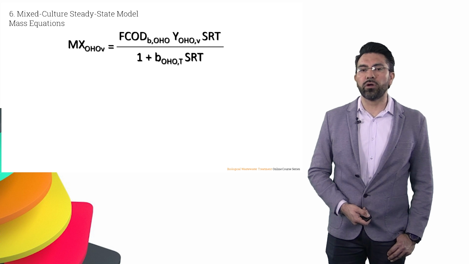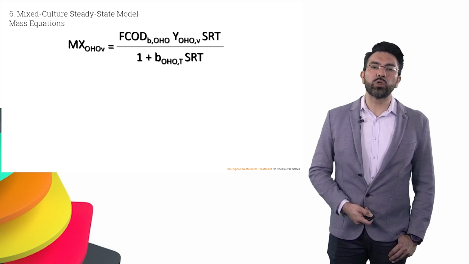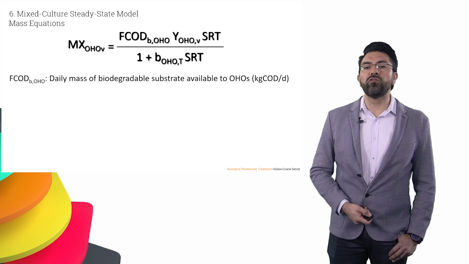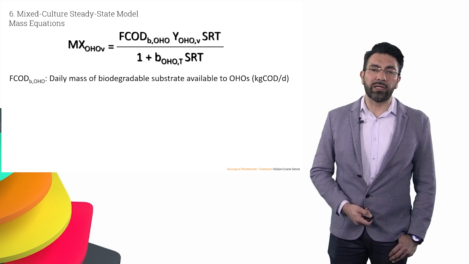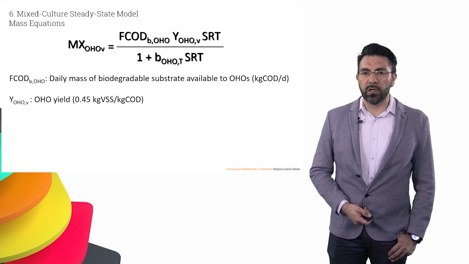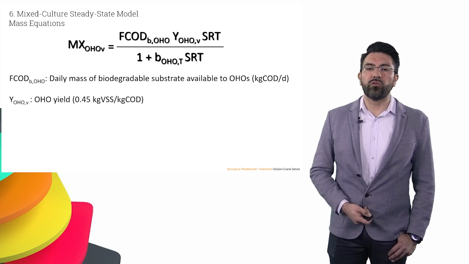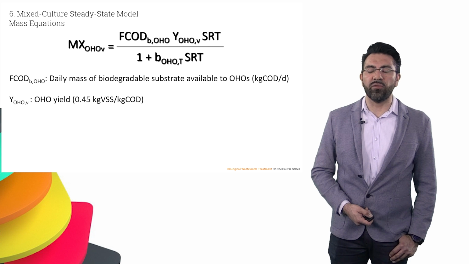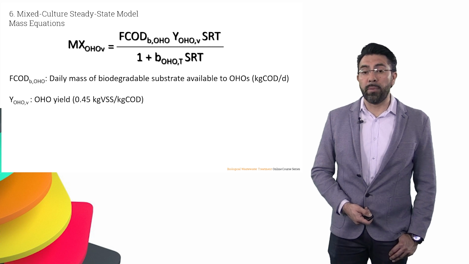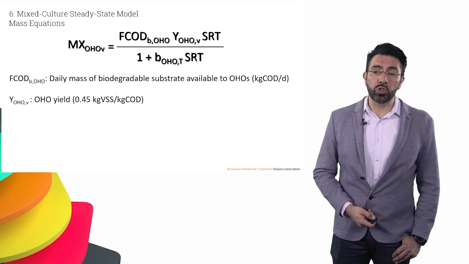First, as mentioned before, we can estimate the mass of ordinary heterotrophic organisms taking into account the flux of COD, biodegradable COD, that these organisms are going to consume on a daily basis. We need to take into account their yield. In this, approximately 0.45 kilos of these type of organisms are produced per every kilogram of COD, biodegradable COD that they consume.